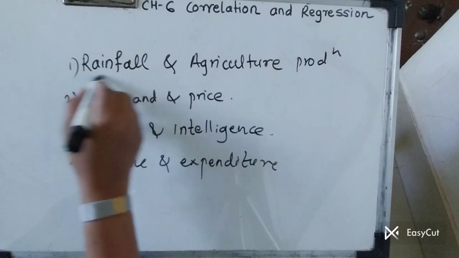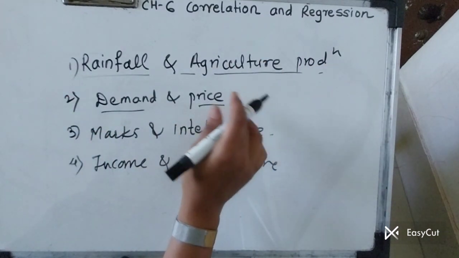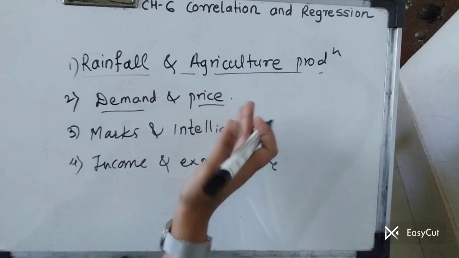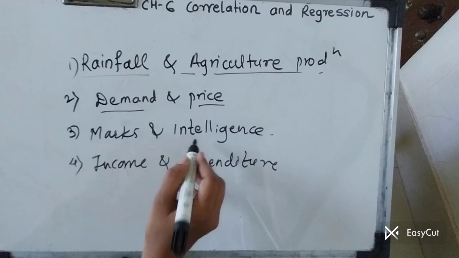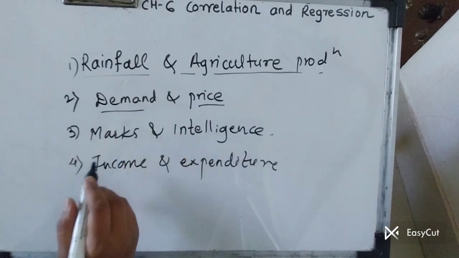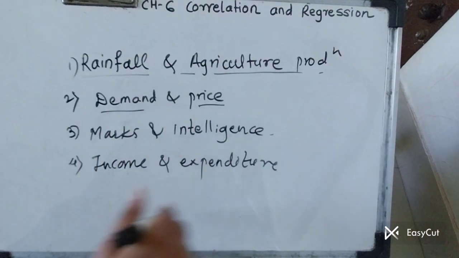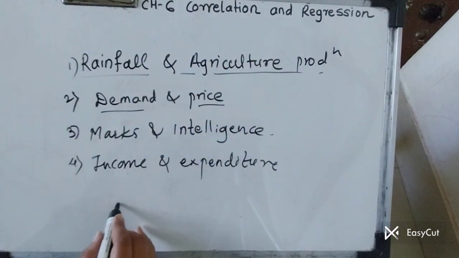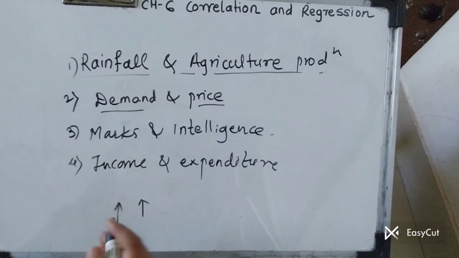Demand and price: demand increases, price also increases. Marks and intelligence quotient: suppose marks is x and intelligence quotient is y. Income and expenditure. So they are correlated with each other. If one increases, other also increases. Something affects the other.